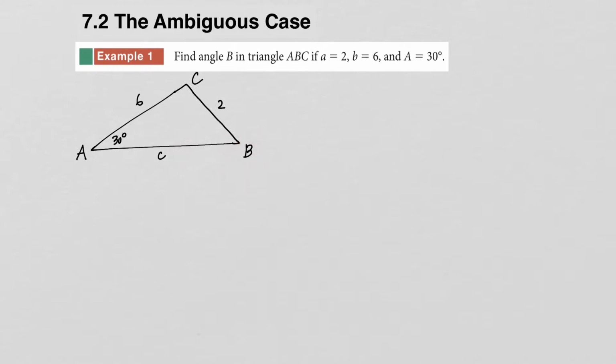Now to look for angle B, we have to use the law of sines that involves angle B. So I'm going to write sine of B divided by B is equal to, and we'll use sine of A divided by A because we have information about angle A and side A. Now if I plug everything in that we know, we have sine of the missing angle B divided by side B, which is 6, and this is equal to the sine of angle A, which is 30 degrees, divided by A, which is 2.